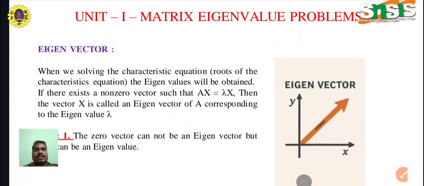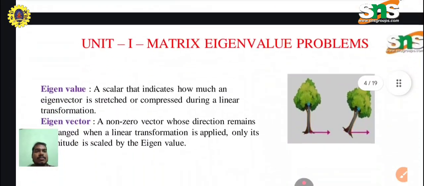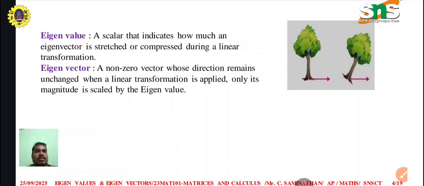Next, we see the definition of eigenvector. When we solve the characteristic equation, the roots are the eigenvalues. So there exists a non-zero vector x such that Ax equal to lambda x. Then the vector x is called the eigenvector corresponding to the eigenvalue. Eigenvalue: a scalar that indicates how much an eigenvector is stretched or compressed during a linear transformation.